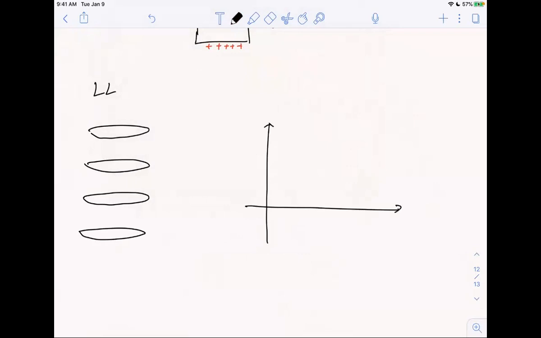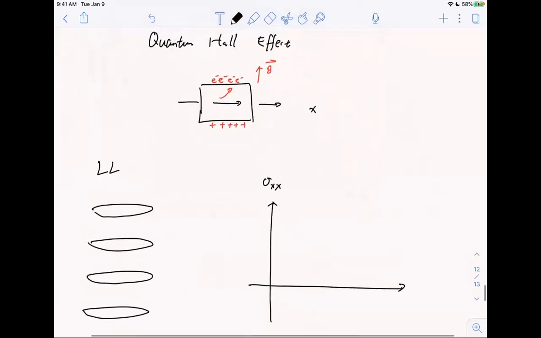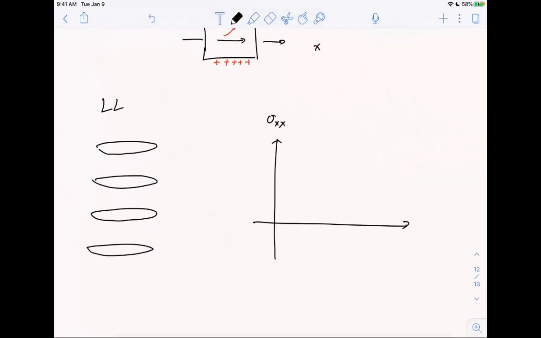If you plot the XX direction, where XX is the transport along the X direction and this is the Y direction, if you plot the conductivity along the X direction as a function of carrier density, then once your carrier density is in the middle, you have a half-filled band, so it will be non-zero.